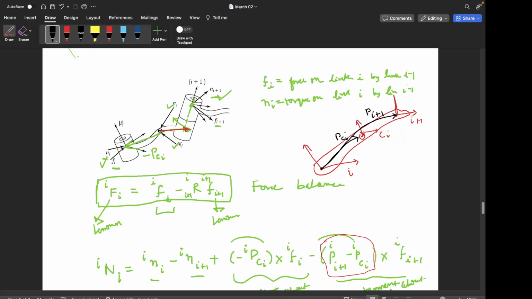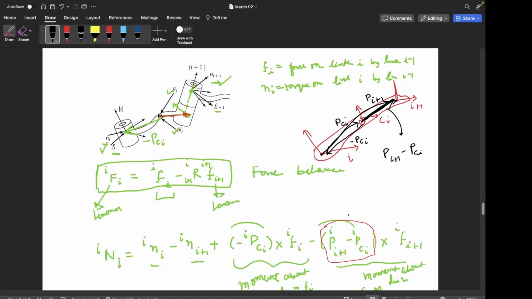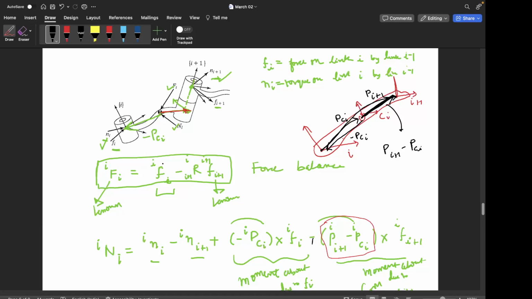So these two vectors are the notations we use. In the first torque calculation, we need the opposite of this vector, so minus PCi. And in the second, we need the difference of the two vectors, so this will be Pi plus 1 minus PCi. And this minus sign is due to the same reason the minus sign is here. This is the reaction force.